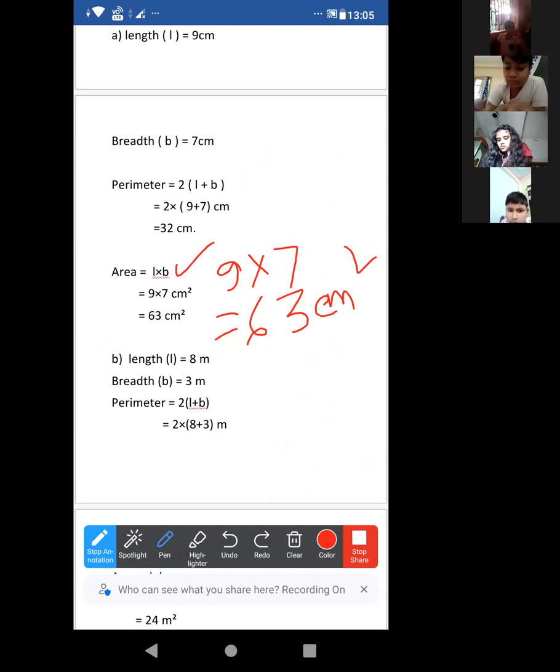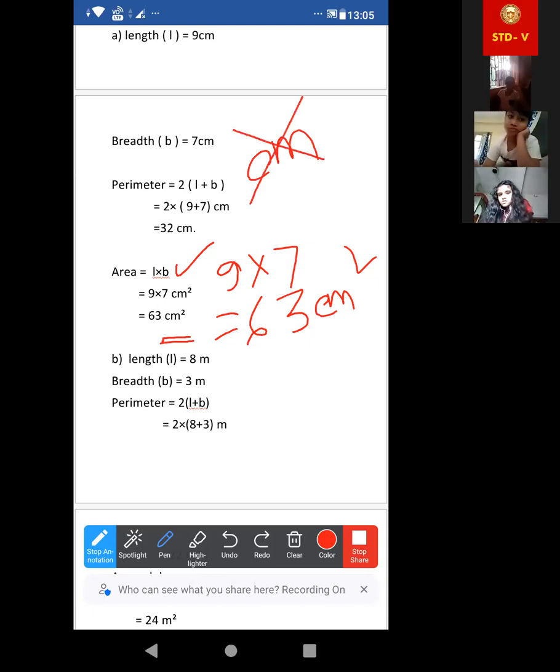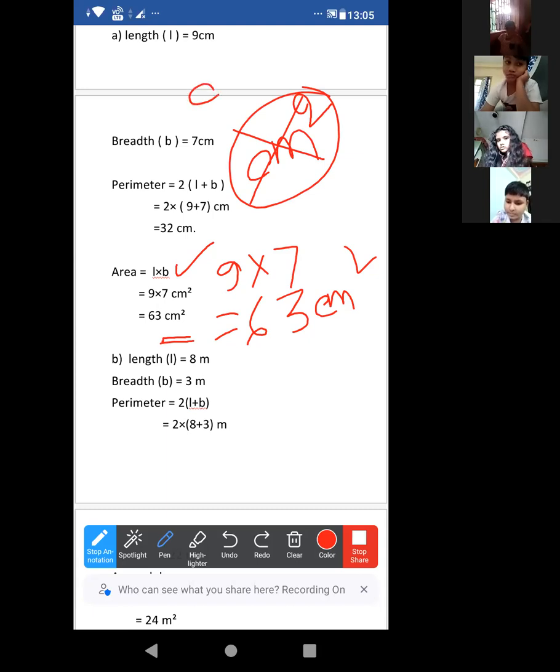Second, in case of area, if you put the unit centimeter, it will be wrong and no marks will be there. Put centimeter square in case of area. Then you will not say, ma'am, I have put centimeter, why have you cut marks only for this square? Yes, I will cut marks only for this square. I am clearing this in the class, so don't make any mistake in the exam.